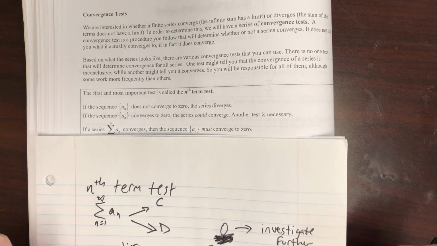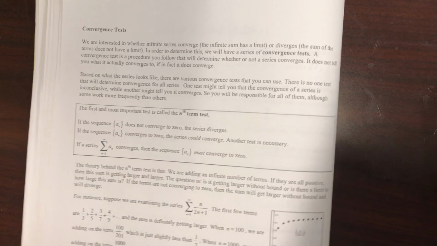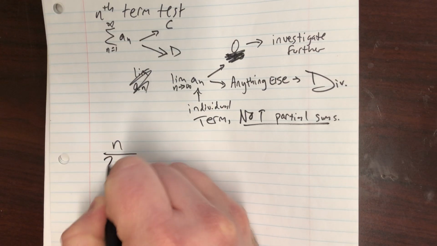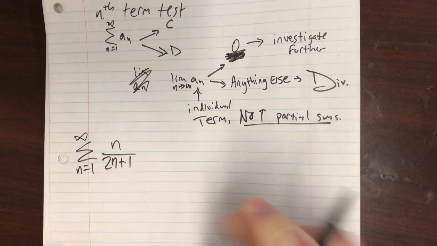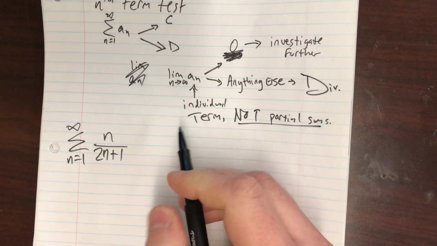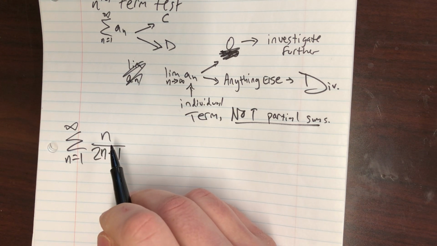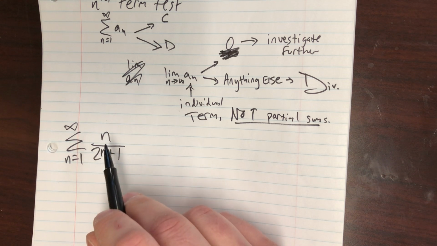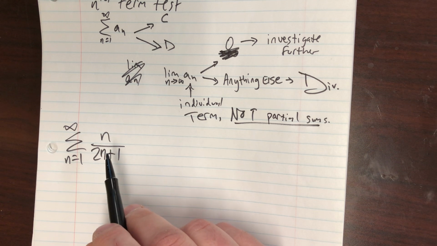So, for example, n over 2n plus 1. All right, this is our first example. What do the terms approach as we go out to infinity? A half, right? These are approaching a half. What's a half plus a half plus a half plus a half?